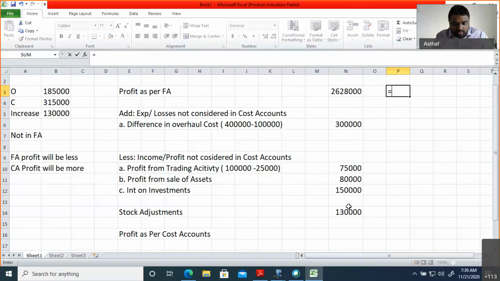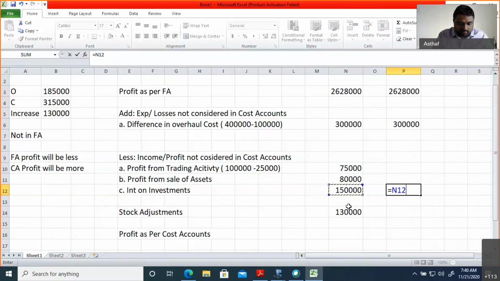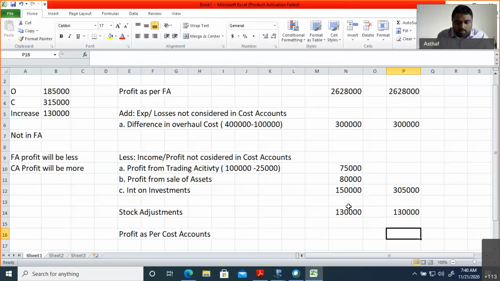So if you take the entire number here, we have only 3 lakh. Here we have what? So how will it come? See, this is the item. You have to add the first item.